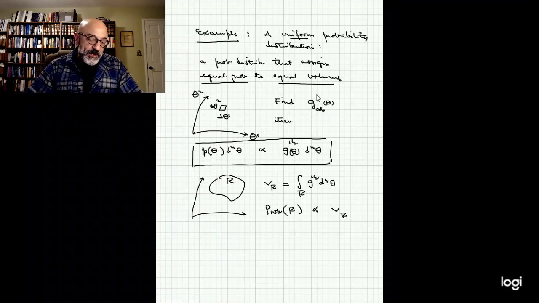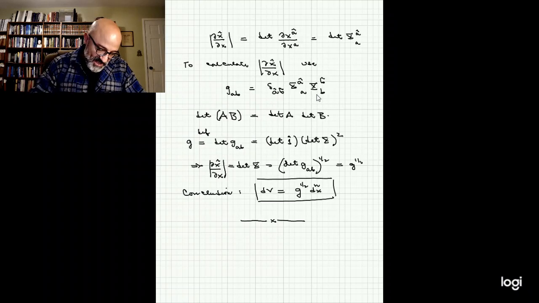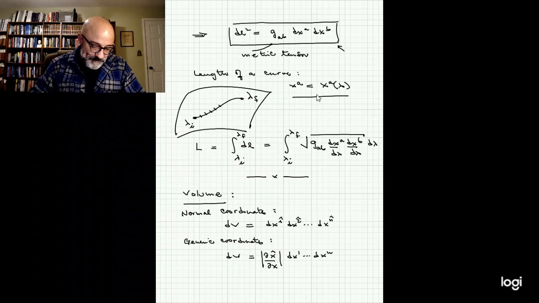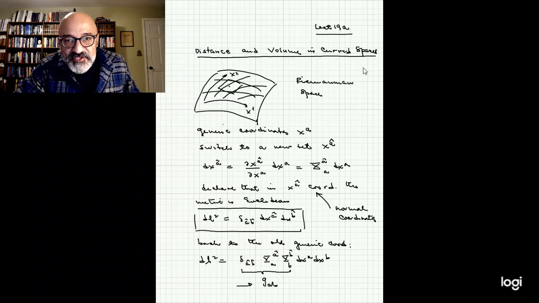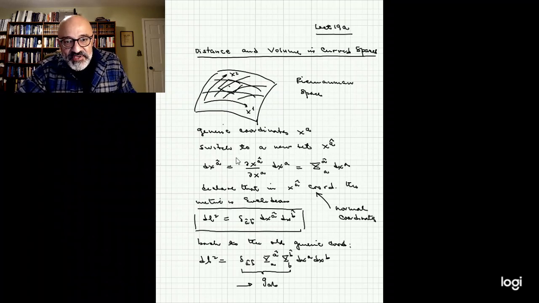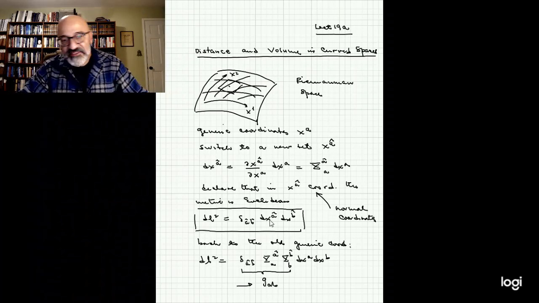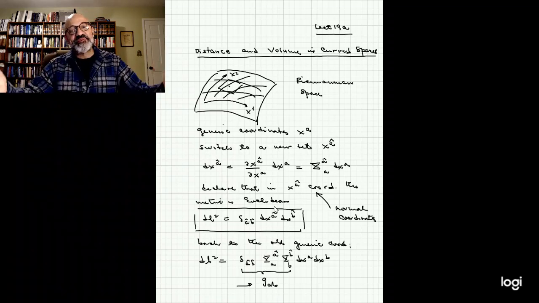Very good. I started this whole exercise of talking about distances and lengths by saying that we're talking about generic curved spaces. Generic curved spaces do not come with a pre-assigned metric tensor. You have to do that by yourself. You assign a metric tensor to the space, you hope you do it right, and from then you proceed.